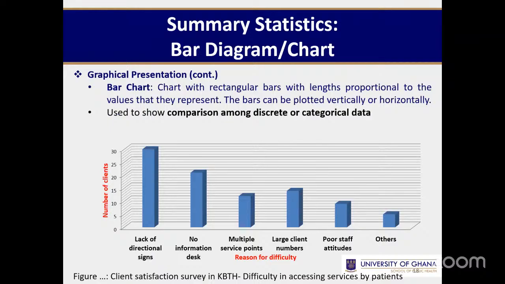The next one is the bar chart. The bar chart is similar to the histogram, but it is used when you want to show comparison among discrete or categorical data.